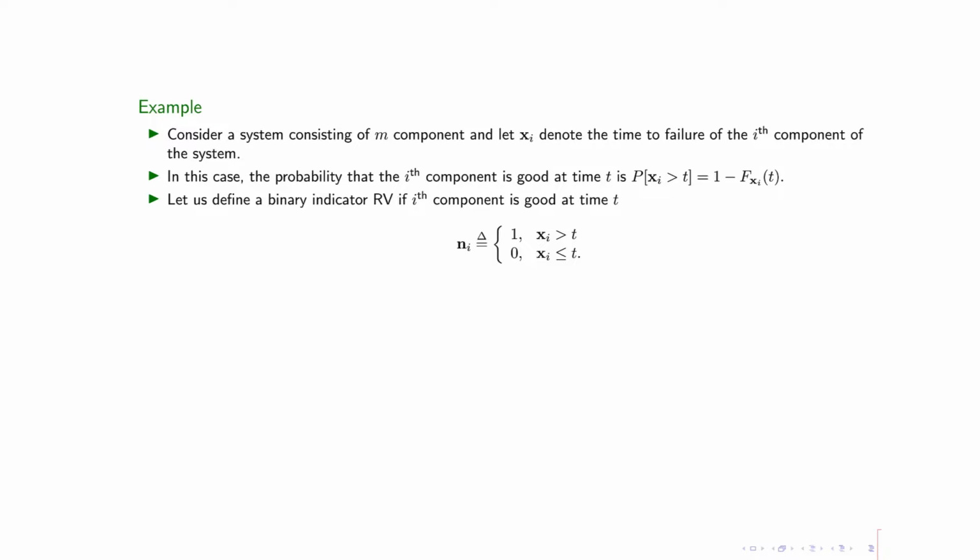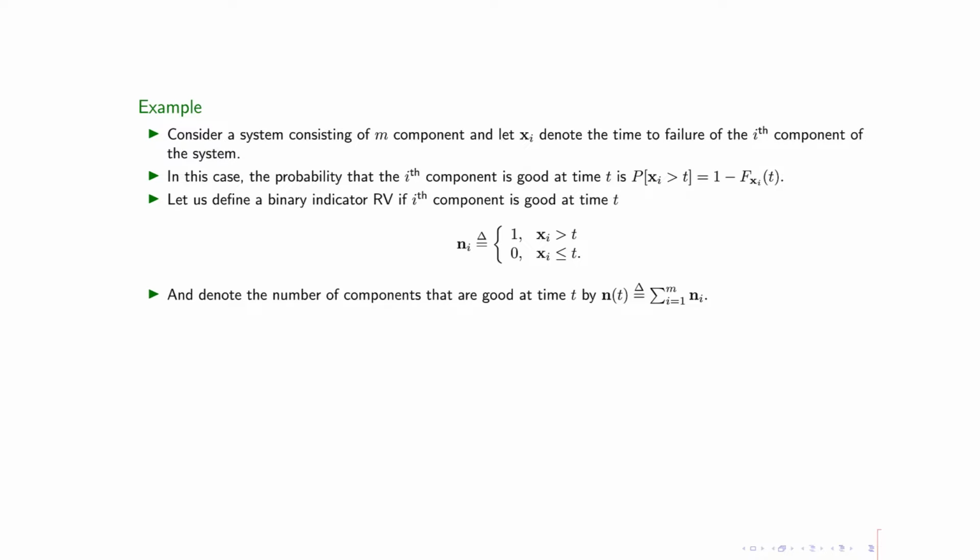Now, you could define n as the number of components that are working at time t. This n is defined for time t. I could write n_i(t), but because we haven't talked about stochastic processes, I omitted the t. Suppose that we are frozen at time t. In that case, this is just a random variable.